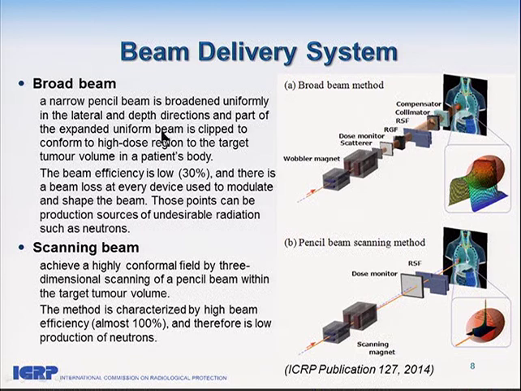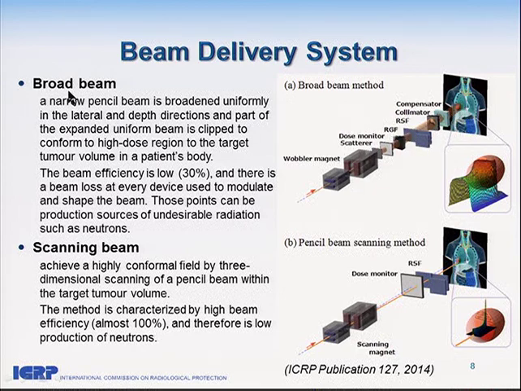Part of the expanded uniform beam is clipped to conform the high dose region to the target tumor volume in the patient body. This is the trickiest part of this treatment. But due to such procedures, the beam efficiency is quite low, and there is a beam loss at every device used to modulate and shape the beam. Therefore, those points can be production sources of undesirable radiation, such as neutrons.